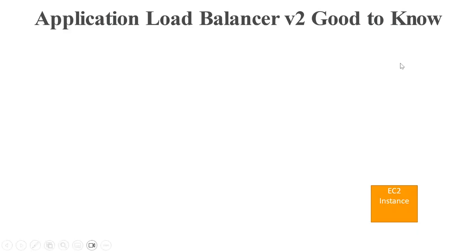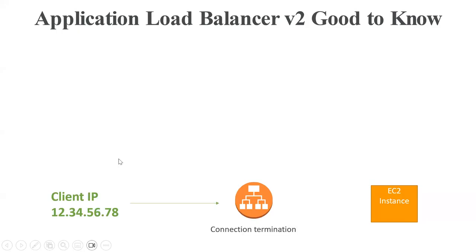Application load balancer, some good points to know. The client IP request is received by the load balancer, but from the load balancer to the EC2 instance, the EC2 instance always sees only the load balancer IP, right? So the EC2 instance doesn't know about the client IP.